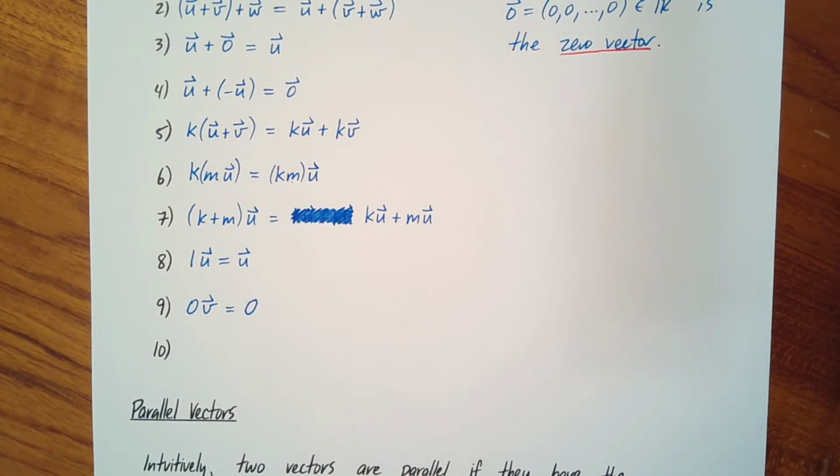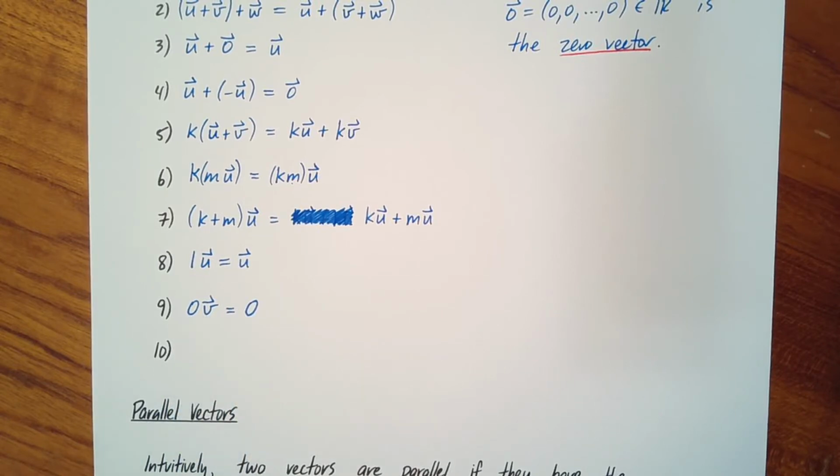It's true in some sense that if you take any vector v and multiply it by that scalar 0, you're going to get 0. If someone asked you why that is the case, you might be tempted to answer, well, anything times 0 is just 0, right? That's true, but there's a context that goes with that.